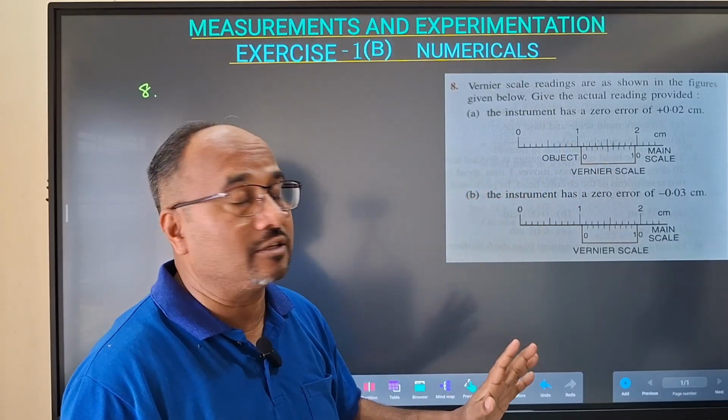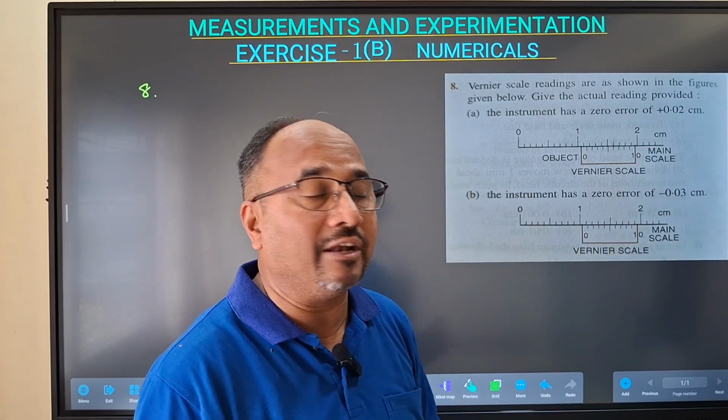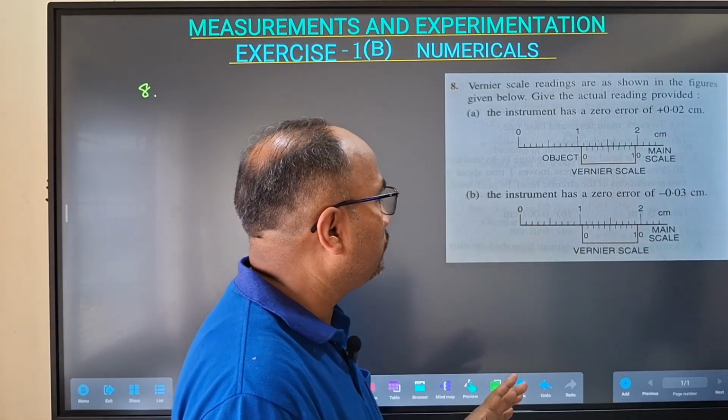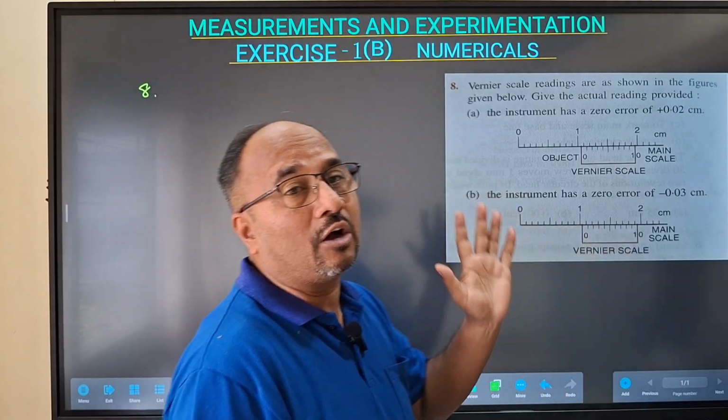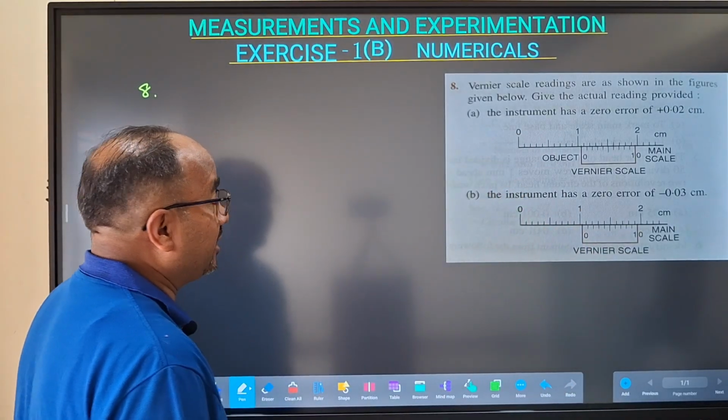The actual reading is what? So we have to correct that zero error, and the zero error is given to us. First of all, we will find the least count for both of them. Both have the same type of main scale and vernier scale.